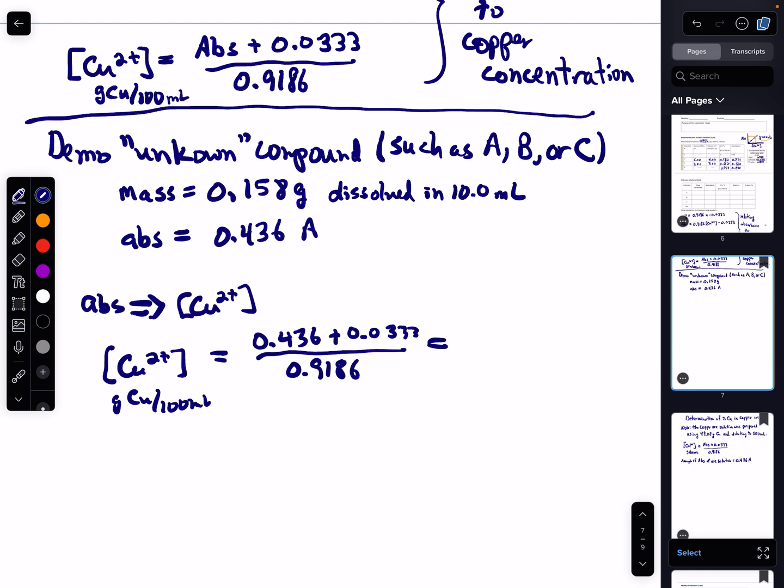And I get 0.511 grams of copper 2 plus per 100 milliliters.